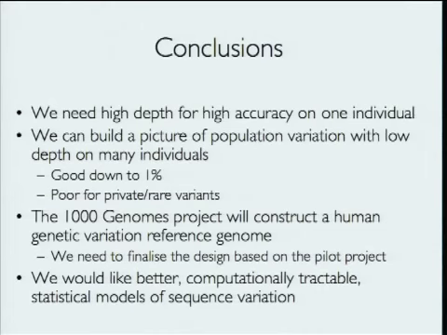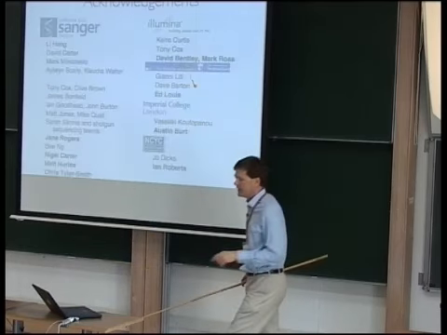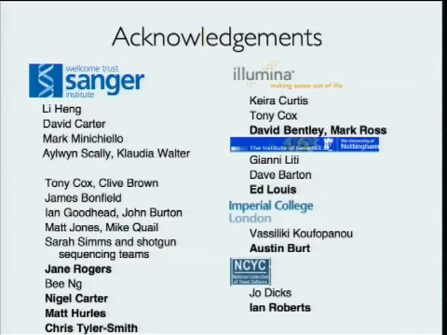Okay, so to finish, there are lots of other people involved in all this. These are people who've been directly involved in my group or Claudia's, jointly with Matt. These are other people at the Sanger Institute, and I'll pick out Li Heng as having developed the MAQ software and the mapping and base calling in particular, and Mark having developed the ARG-based tree analysis.